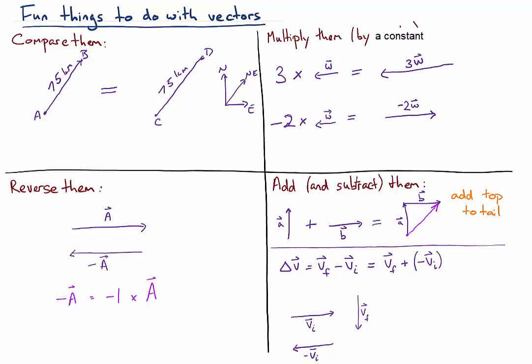So all we need to do now is add the vectors VF and negative VI. And how do we do that? We add them top to tail. And our sum of those two goes from the beginning of the first to the end of the second. So we have our change in velocity given by that line there.